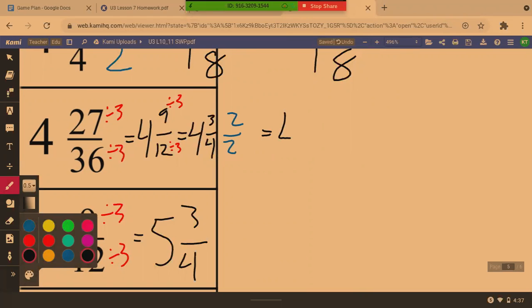Notice how I'm not multiplying the whole number. I'm only manipulating the fraction, not the whole number.